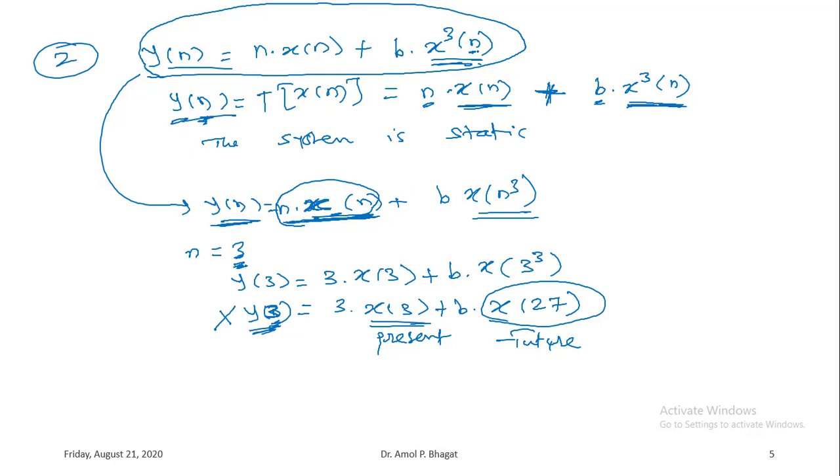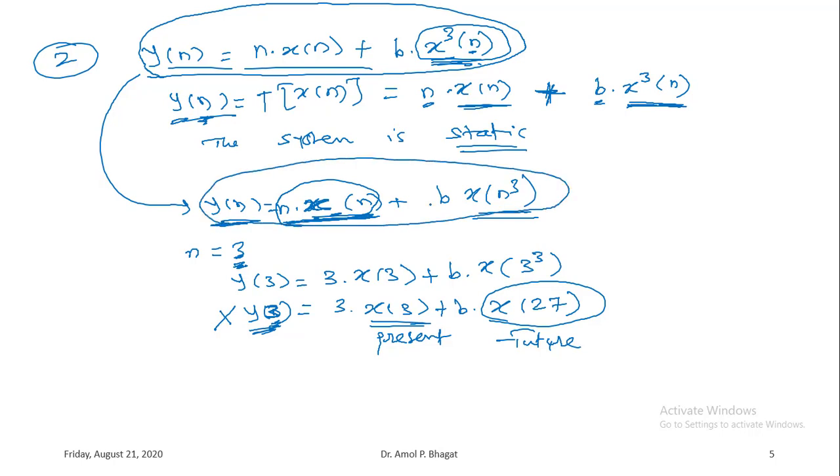Here we are taking the cube of the current input sample. Therefore, the system is static as per this equation. But if this other equation is given, in this case the system is not static; it is a dynamic system, irrespective of the value of n.